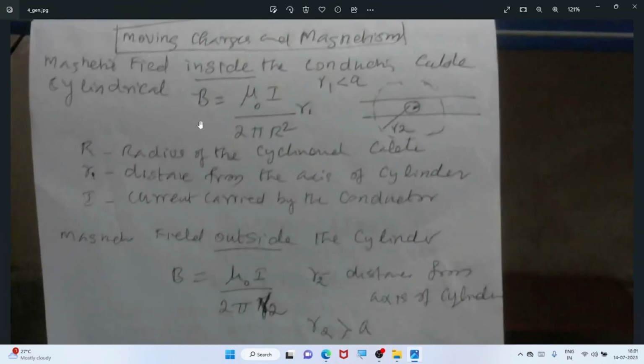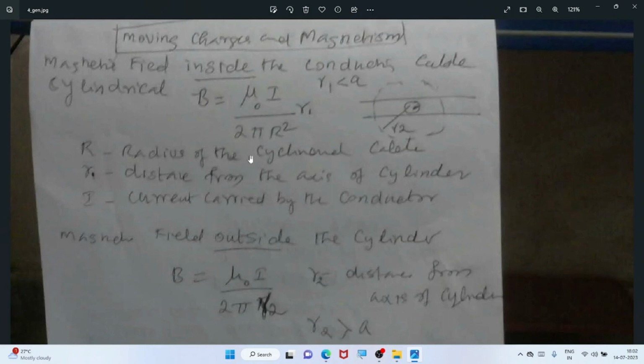When there is a current carrying cable like this, and its cross section radius is a, if you are measuring the magnetic field within that circle where r is less than a, this is the formula.